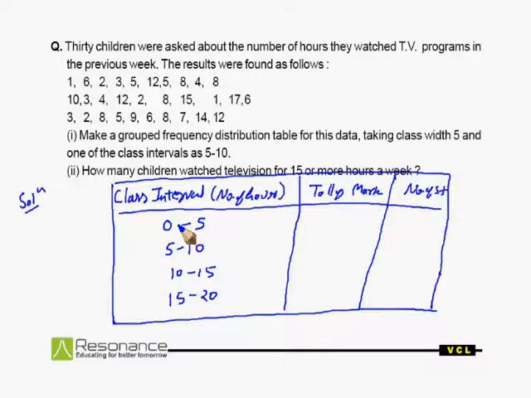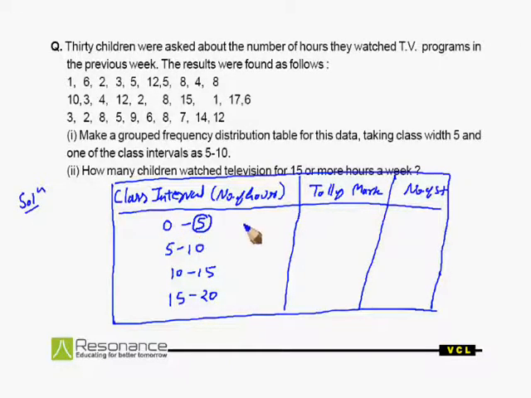Now we have to take the number of students who are watching TV for 0 to 5 hours. It means the number of students watching TV less than 5, because in the first class interval, 0 to 5, the value 5 is not included. So we take the students who watch from 0 to 4 hours.